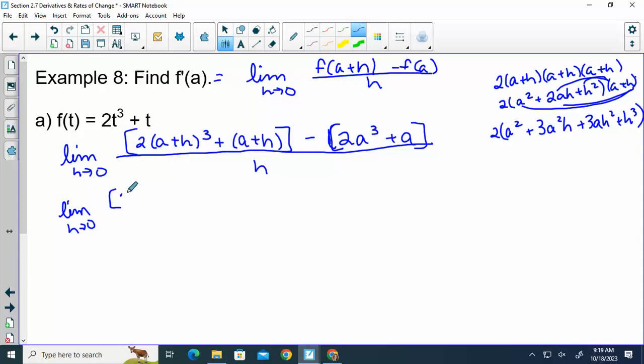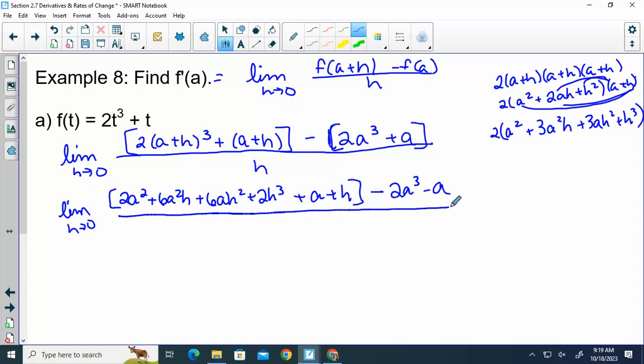If we distribute the 2, plus my a plus h minus 2a cubed minus a. What happens?